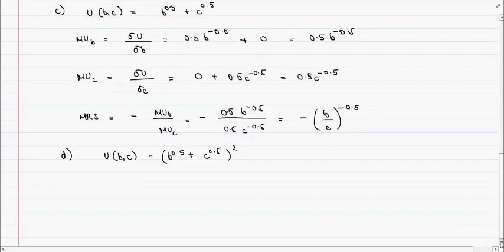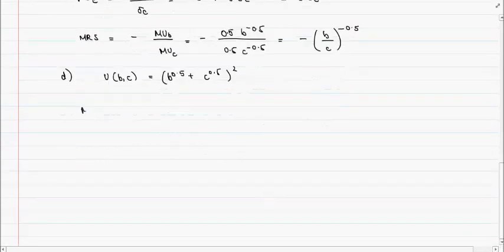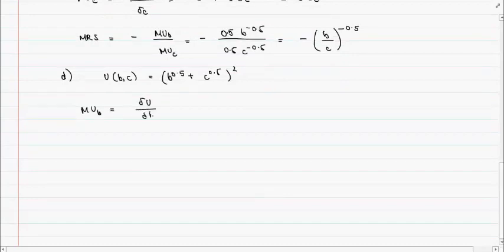Again, we want to find the marginal utility of b, which is just the differential of u with respect to b. Now if I want to differentiate this function with respect to b, how does that work? It's a little bit more complicated here.